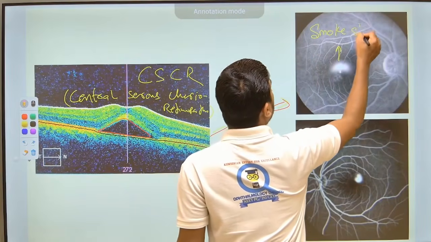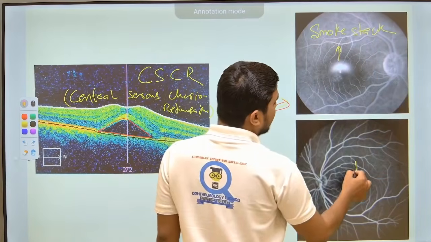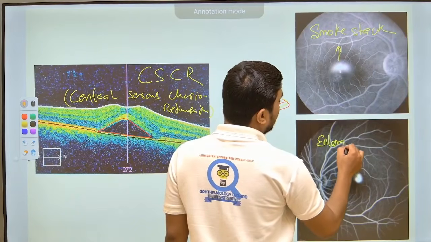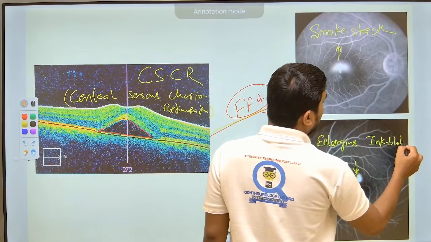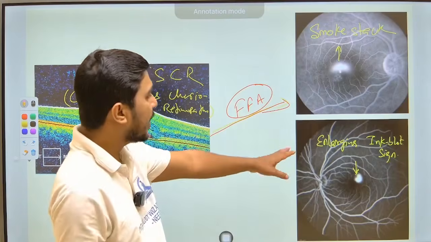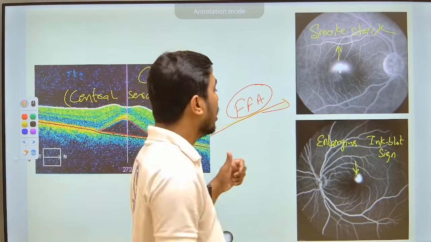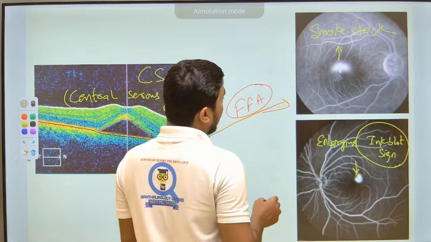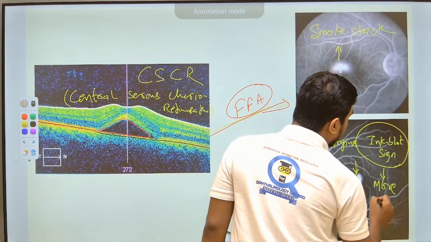Smoke stack appearance, and this picture is an enlarging ink blot sign. So the smoke stack appearance and enlarging ink blot sign are the features of CSCR. An important point to understand here is that the ink blot pattern is the more common one.